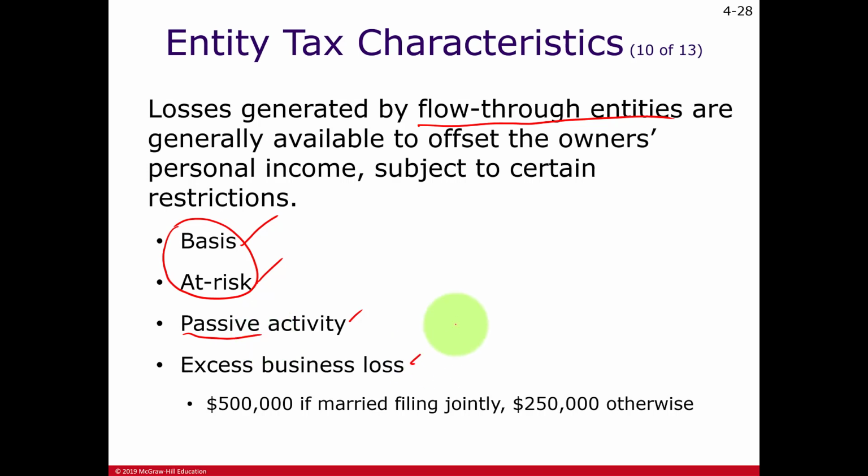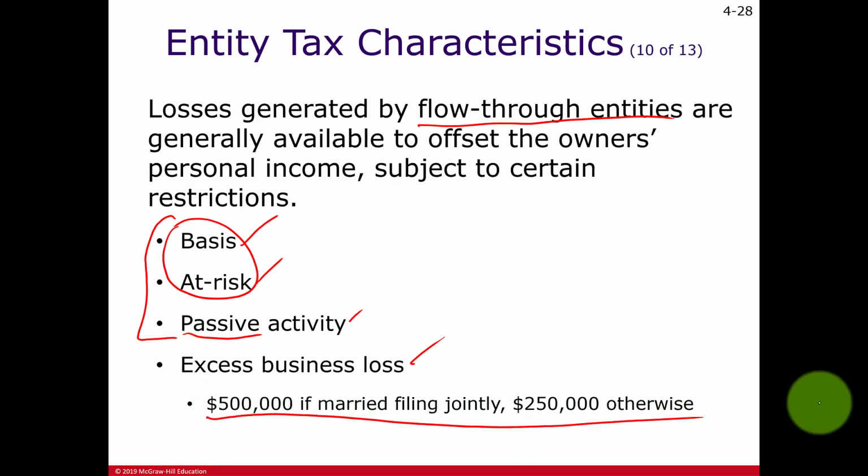The next item is new for 2018. Typically, if you can get past all of these rules here and deduct the loss, there really was no dollar limitation to offset other income you have for that year. But now there is a dollar limitation: $500,000 for married filing joint and $250,000 for other tax filing statuses.